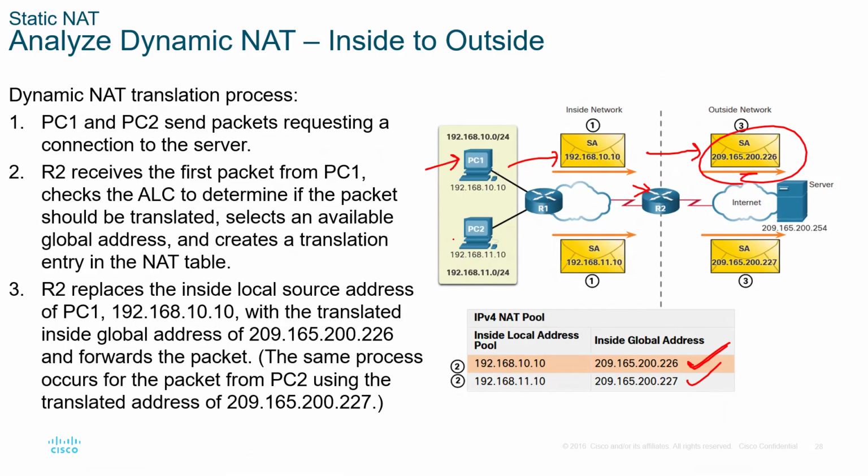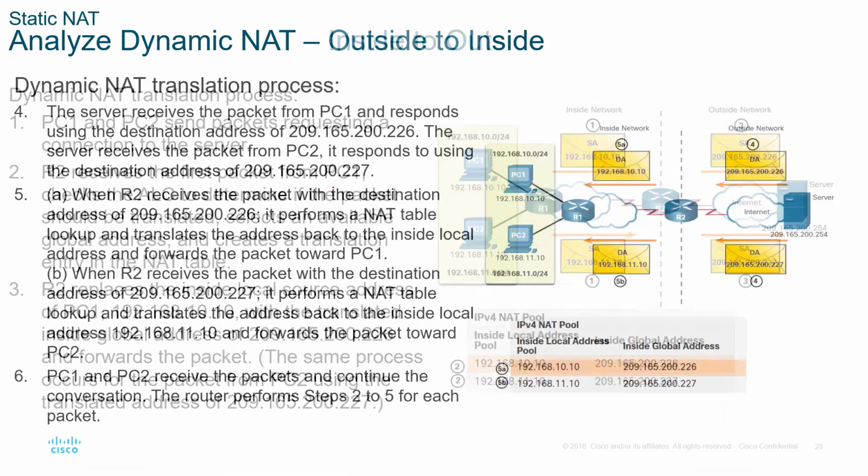Then if PC2 tries to communicate, it will get the other remaining public IP address. If we add a PC3 here and it tries to communicate, there will be no communication. Why? Because we do not have a third address in our pool in this case.